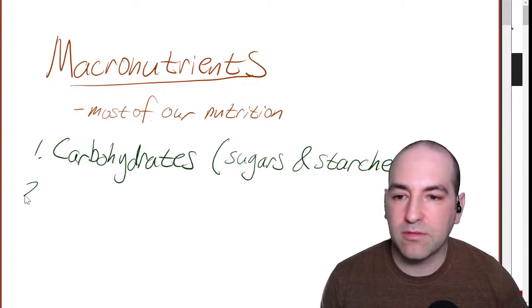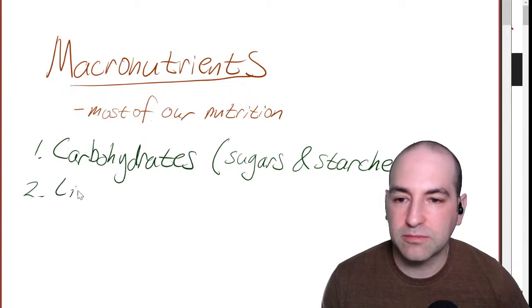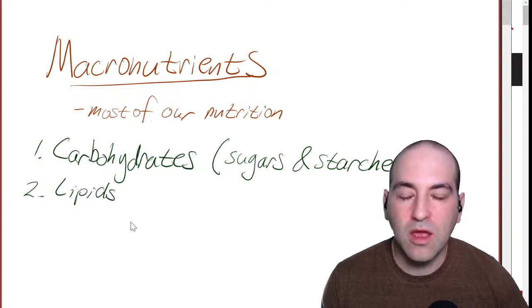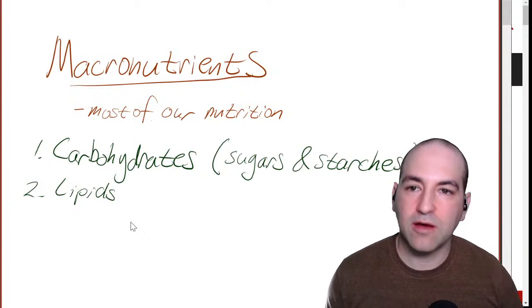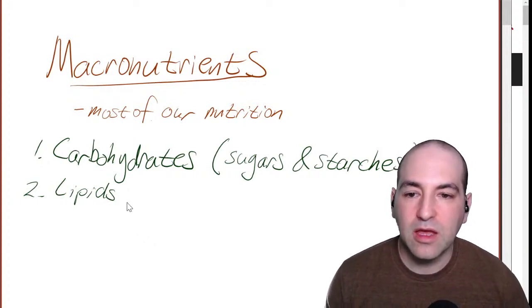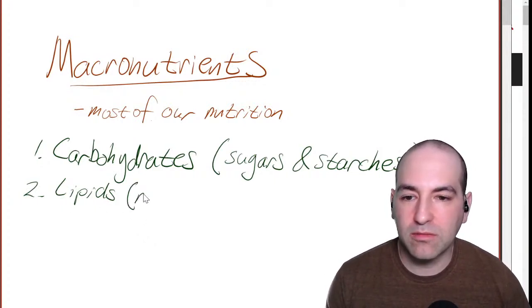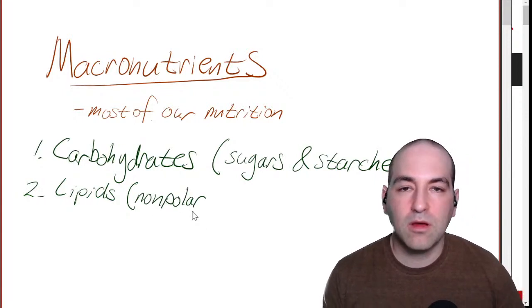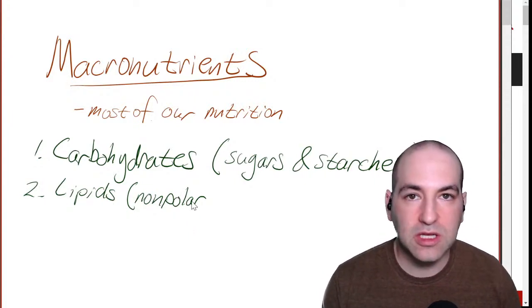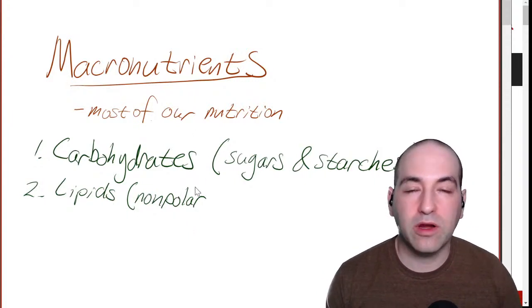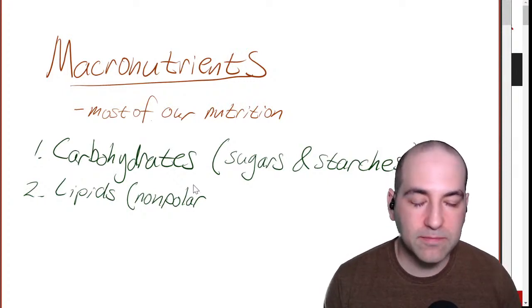Then we have lipids. Lipids are actually a very, very big category of lots of different kinds of molecules. It's all nonpolar things. So things that are without a lot of oxygen and nitrogen and things that make for polarity that we talked about in the last unit.